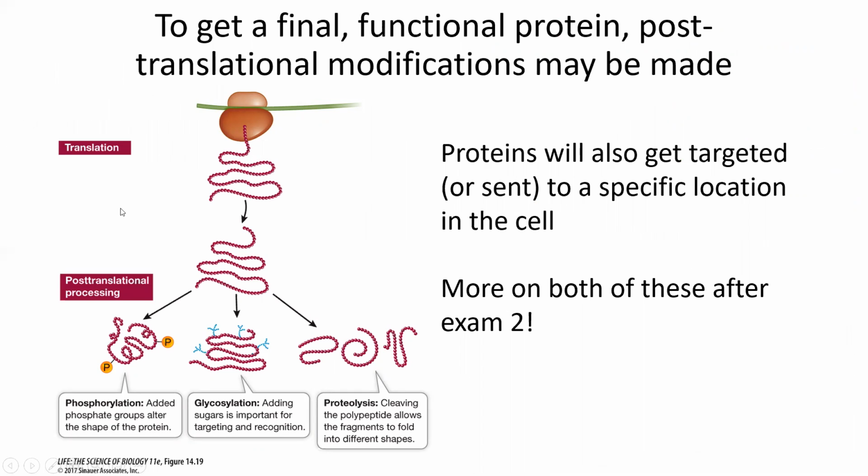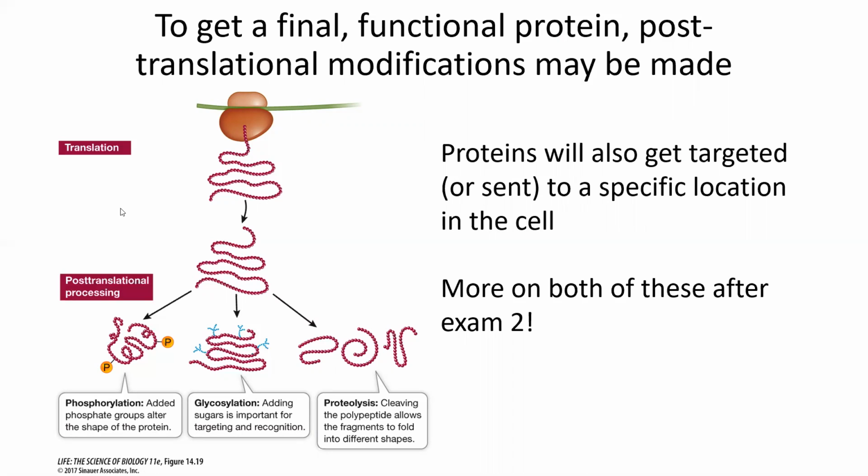Just because you've translated a bunch of amino acids and formed some polypeptide chains, that doesn't mean you get the proper protein. You have to do some post-translational modifications, so modifications after translation. Some of these will get sent to specific locations in the cell. You might add some sugars onto the end, or you might add a phosphate.